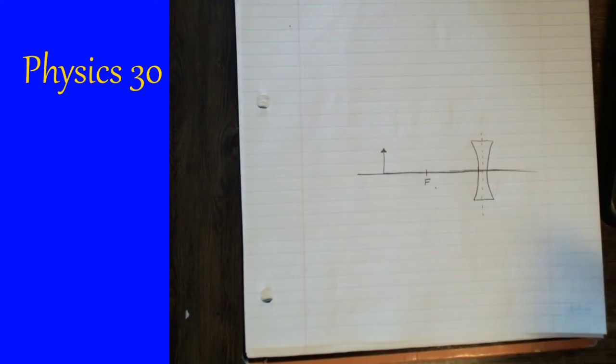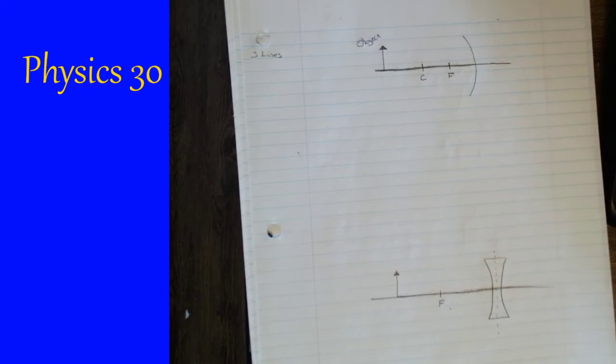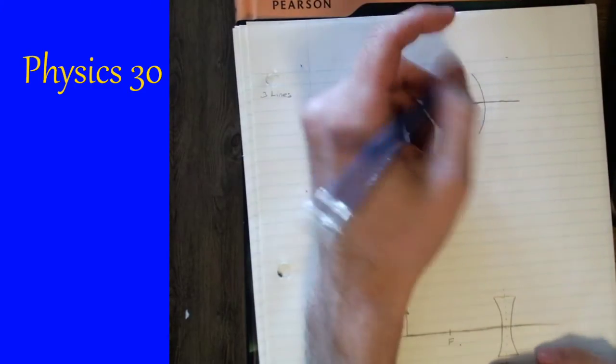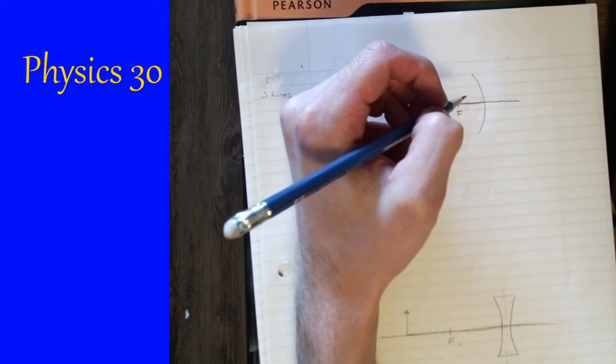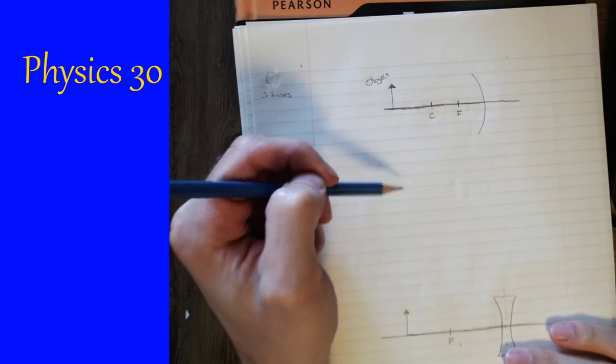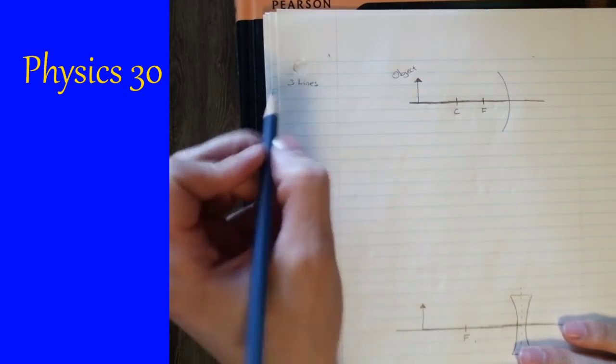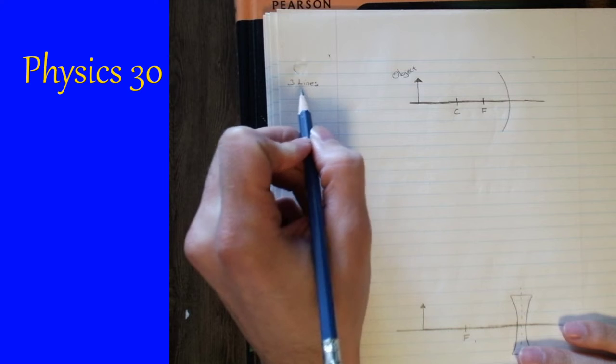So with that, let's actually look at some examples. Now I have a converging mirror here, and we want to look at two ways to do this. The first is by drawing, and when we draw what's going to happen with the light, we have to draw 3 different lines.